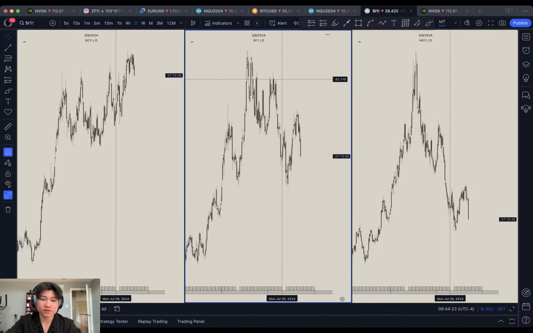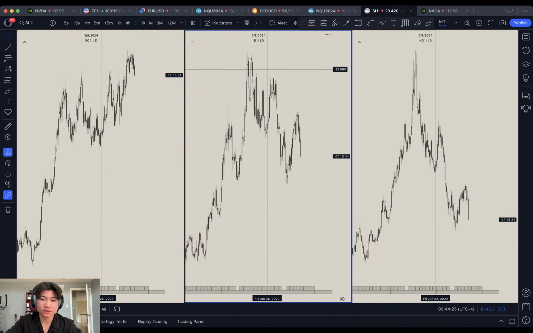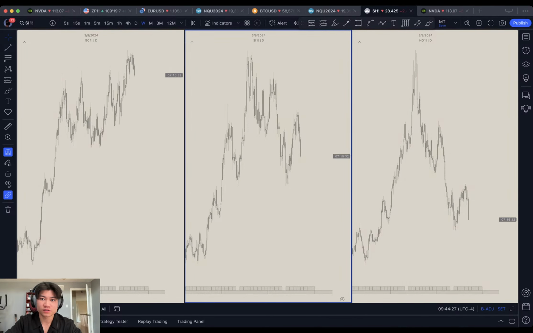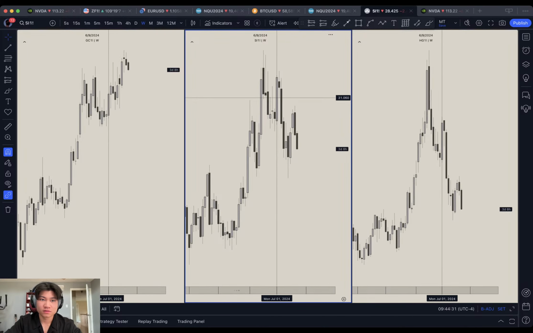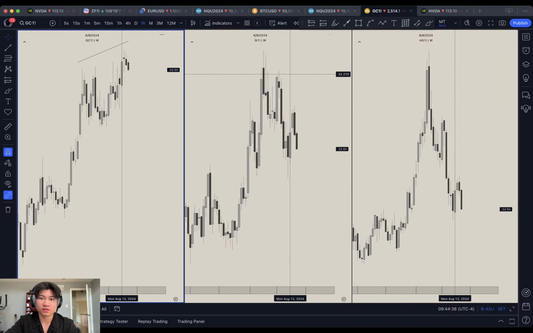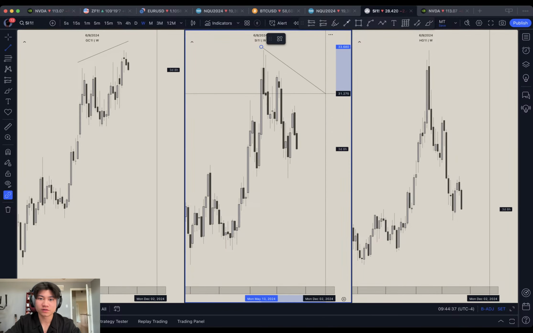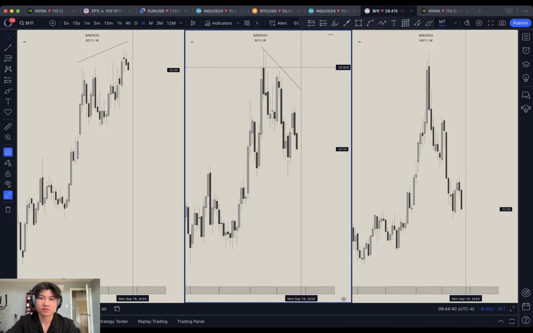Have an SMT on the highs as well, but let's take a look on the weekly chart, see what kind of SMT we got here. Oh yeah, this looks really bearish to me just because of this SMT. This is a yearly cycle SMT right here.